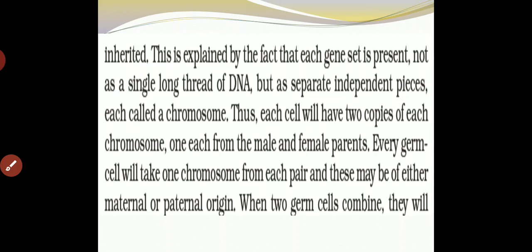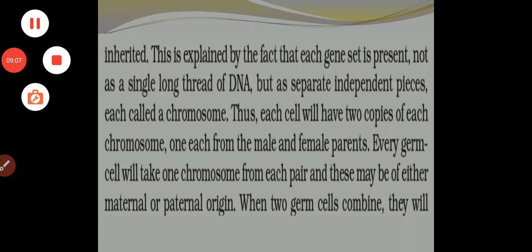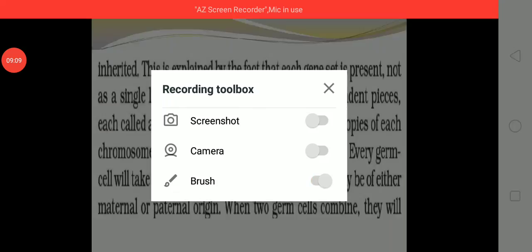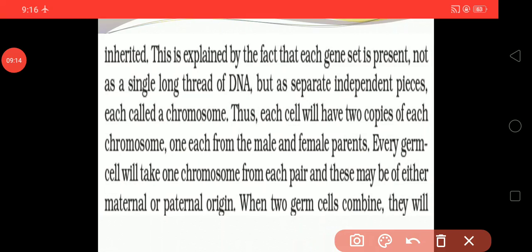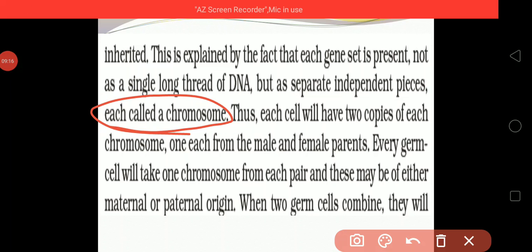This is explained by the fact that each gene set is present not as a single long thread of DNA, but as separate independent pieces, each called a chromosome.